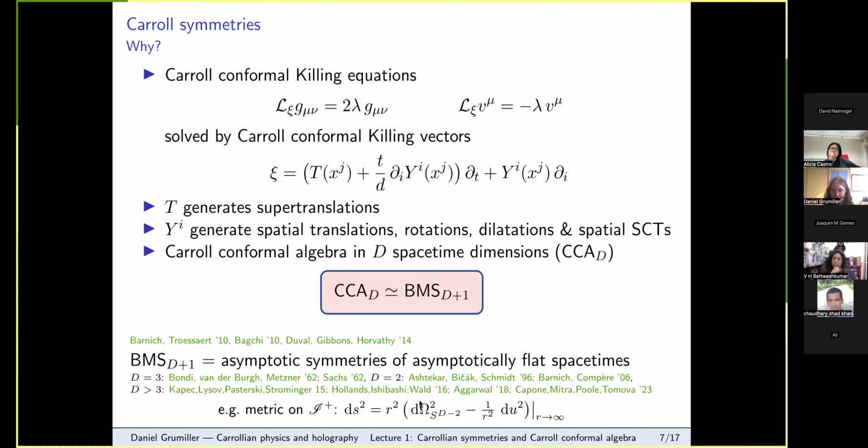And then you have the metric of the celestial sphere, minus 1 over r squared du squared. So u is the retarded time. And since r goes to infinity, this factor here goes to 0. So this is the 0 in the Carroll metric. So that's why you get the degenerate signature at scri.